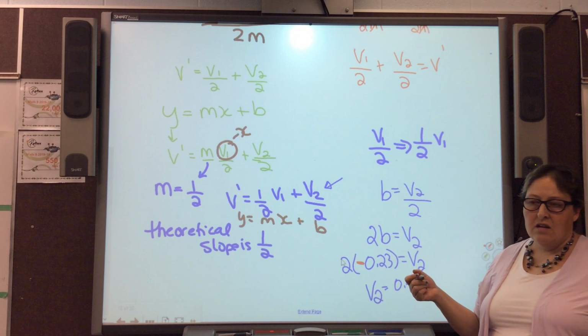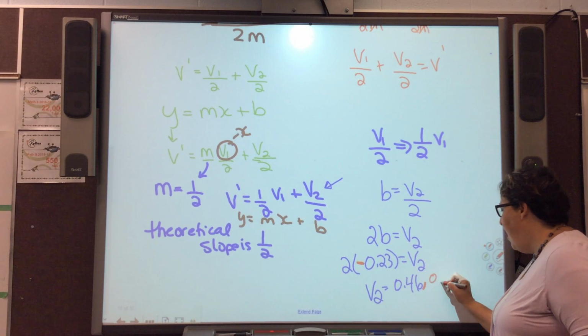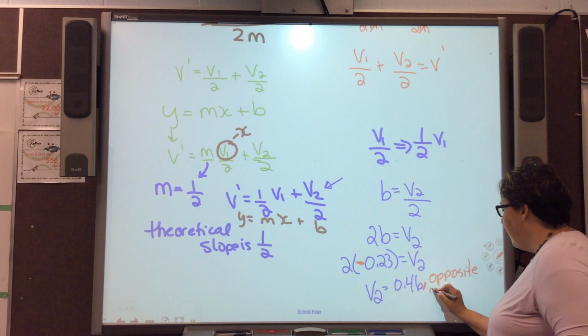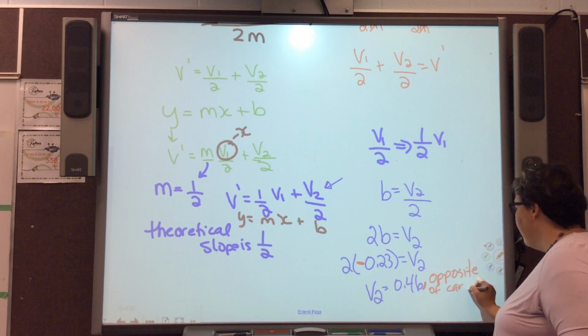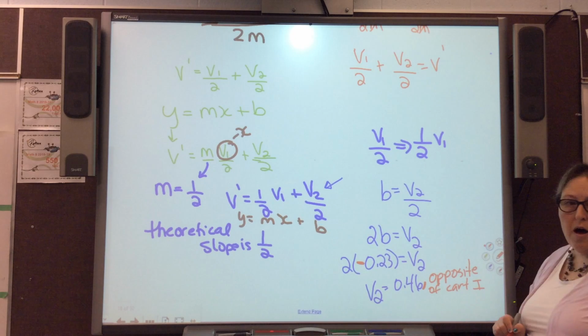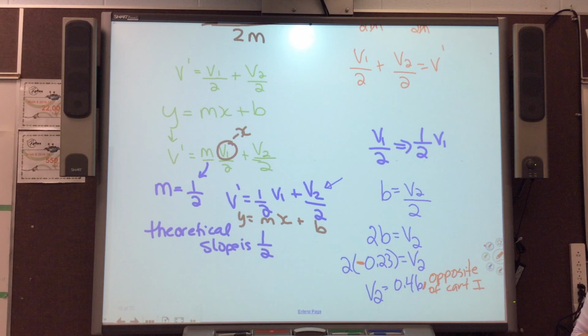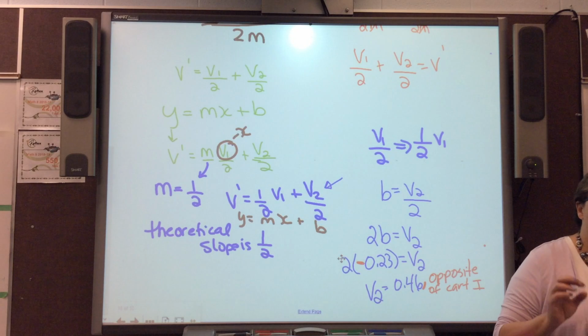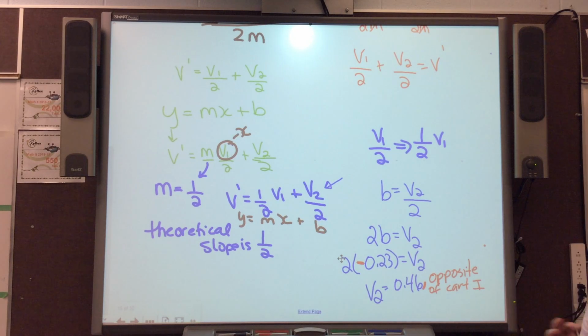Opposite. Opposite of cart 1. That's what the negative sign says. When we have no directions, we were never told left or right, up or down, east or west, so if we have a negative sign, it always means opposite.